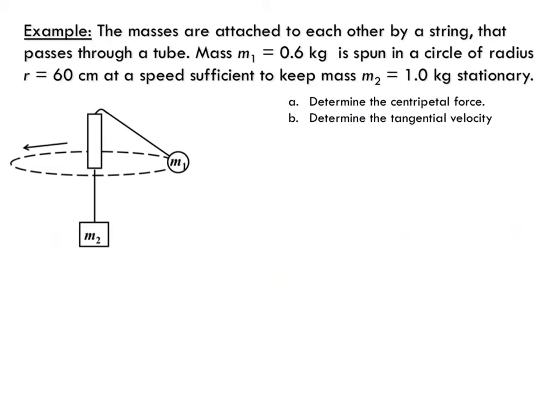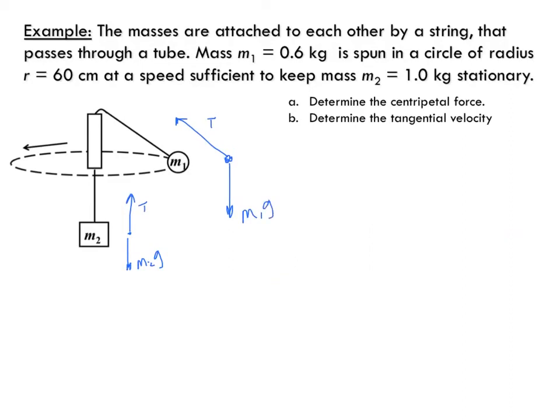So again, free body diagrams. We have tension going up, m2g going down. Here we have tension at an angle, and m1g going down.